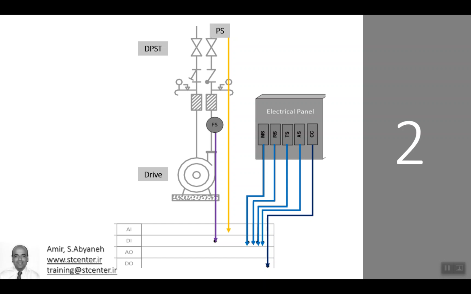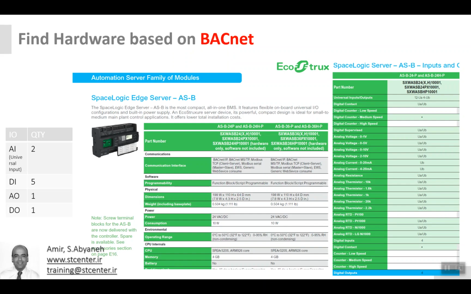Maybe in some situations we have the pump with a drive. Because of that, we need the analog input to control the drive, and when we have the drive, it is recommended to have the differential pressure transmitter to understand and read the output of the system more precisely in a closed loop controller.